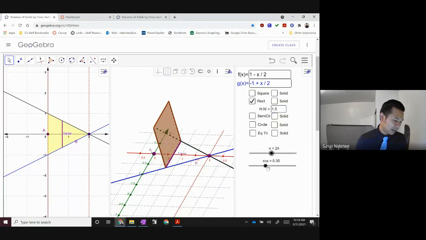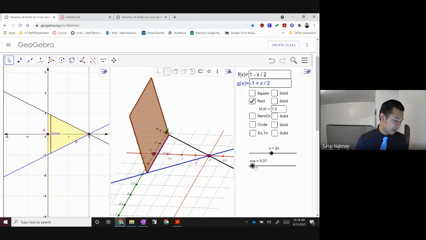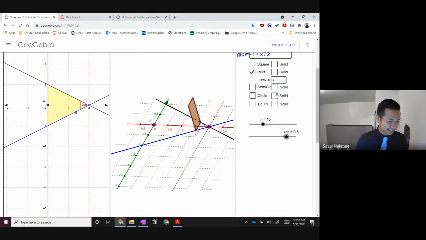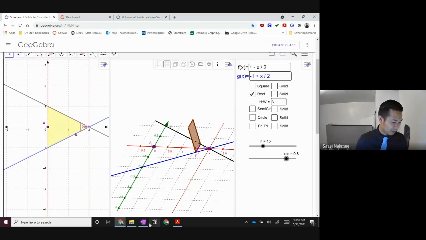Dang it, that's the ratio. It won't just let me do 3, because then 3 will just make it 3 times the size. That's not what I want. I want it to equal 3. So I'm going to screenshot this and try my best to draw this by hand.